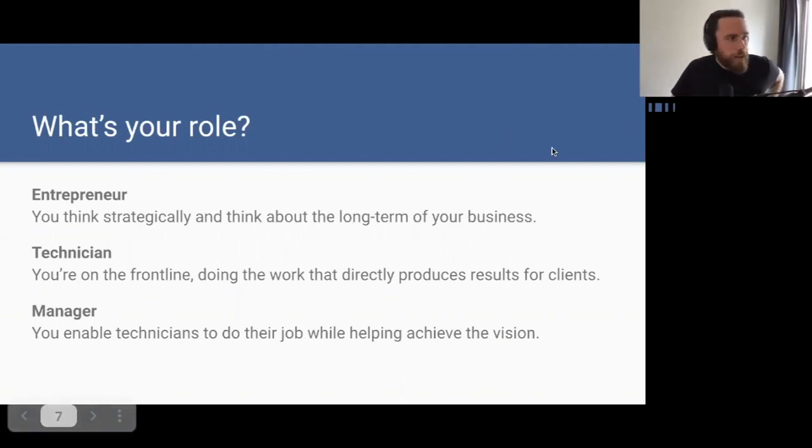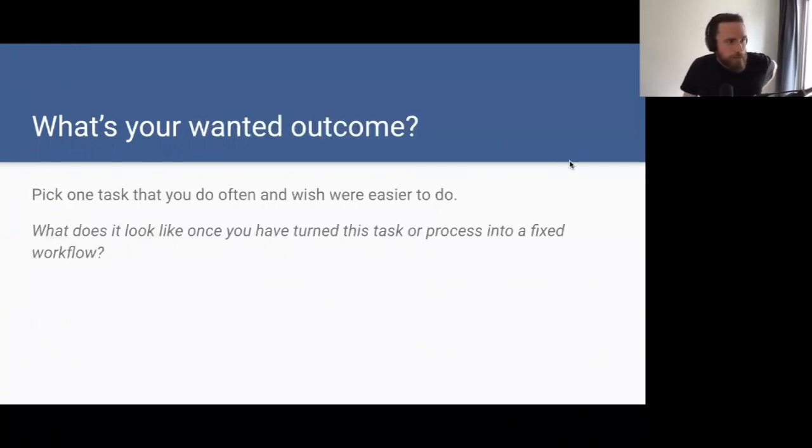I'm going to move on to the next prompts. And this is a little bit of visualization. Again, I want to take 2 minutes and really think of your wanted outcome. So think of one process in your job that you do regularly, that you do often manually, or you just feel like there's still friction here.